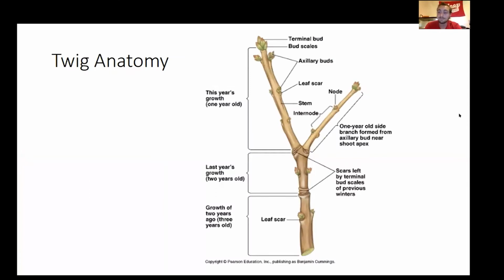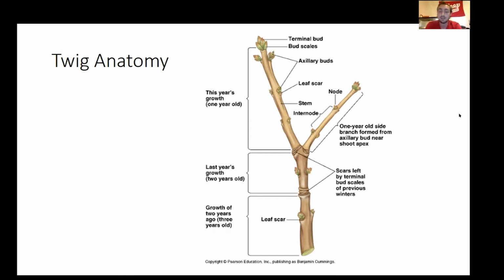All right. So with our twigs, I just wanted to show this picture again and remind people to pay attention to terminal versus axillary, just the position of our buds. Terminal referring to the end of a stem, axillary meaning the axil of a leaf scar and a stem. I will go into more depth of what an axil is in a couple of slides.